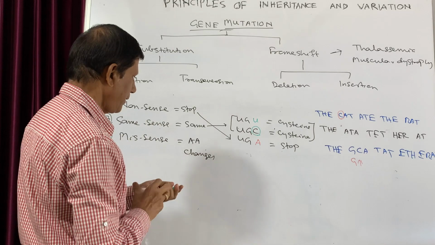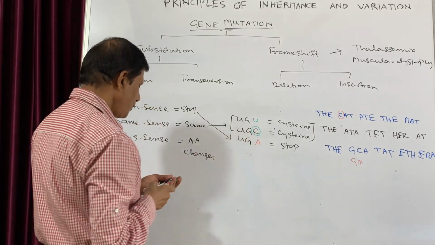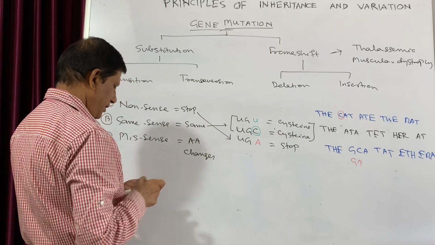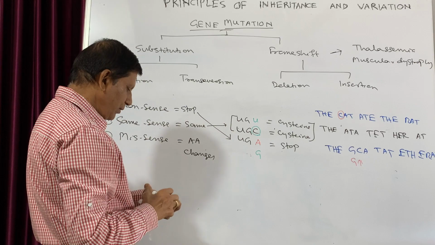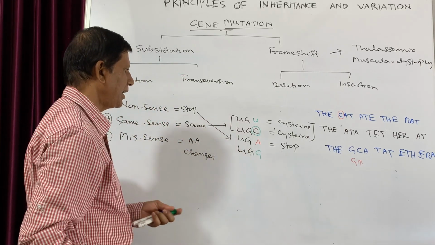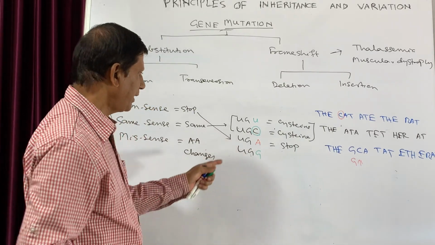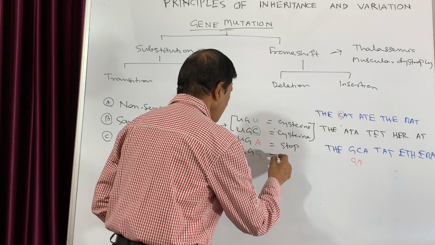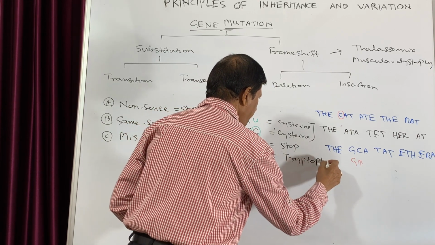Now suppose the C will change to G. So when it will change to G, what is happening? Now this UG will remain, and it will be UGG. And when it is UGG, according to genetic code, this is responsible for tryptophan.